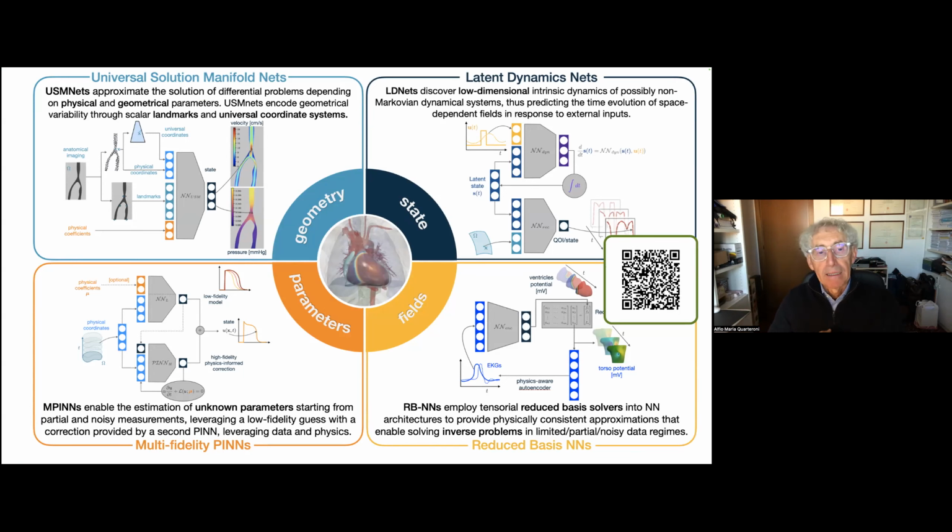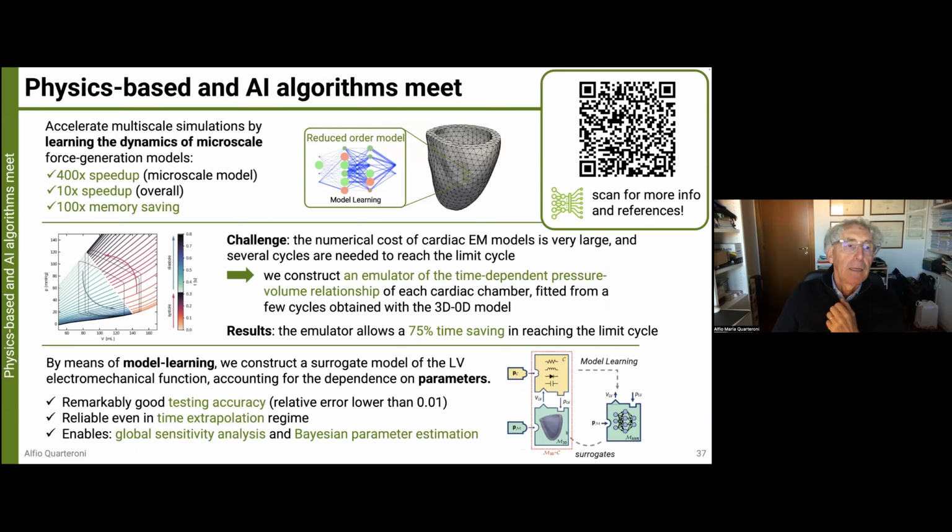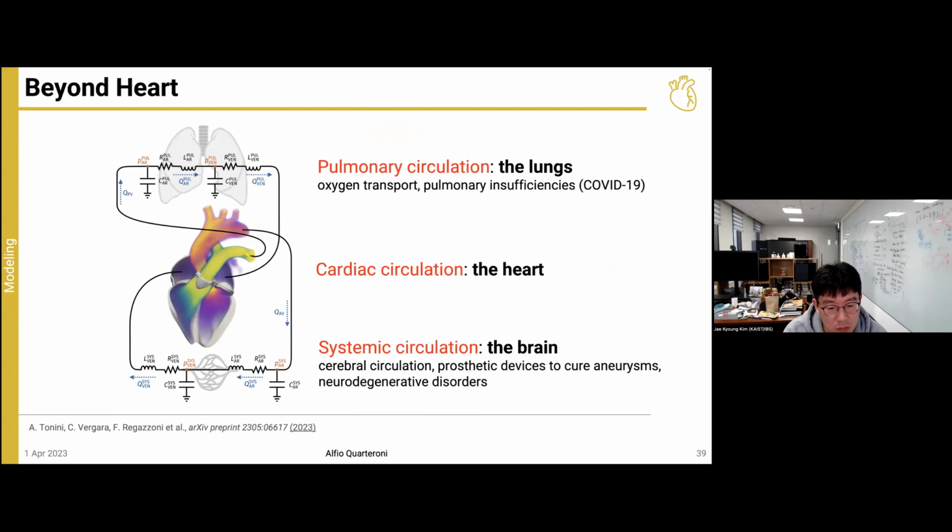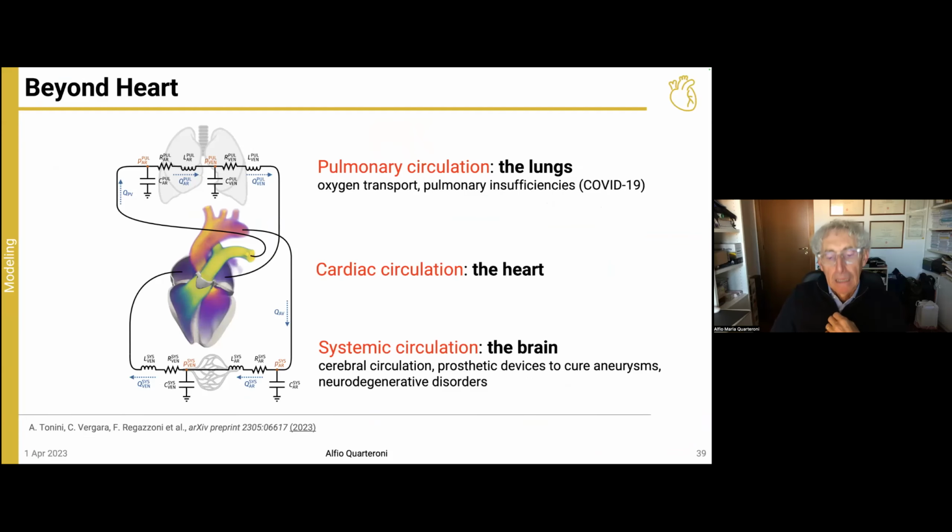In all those cases, we are actually combining the physics-based models with the artificial neural networks. Here are a few examples, but again, you can go to the QR code and try to have access to the papers.